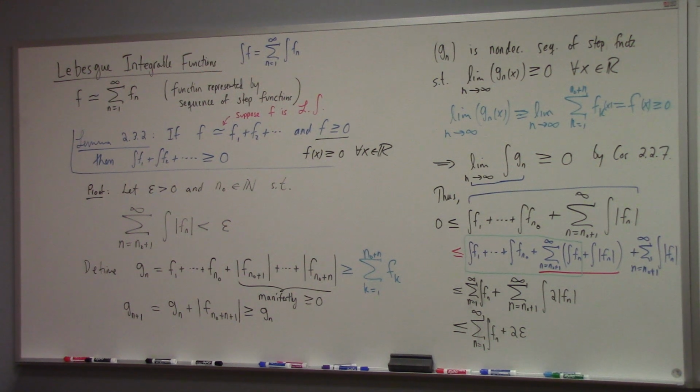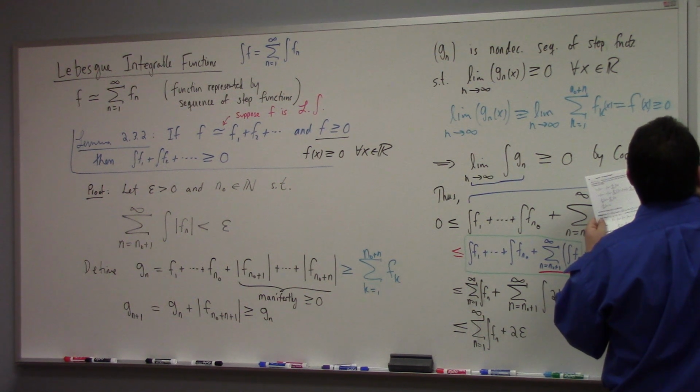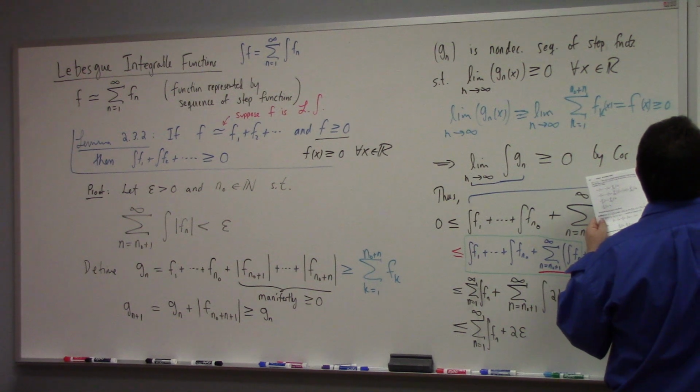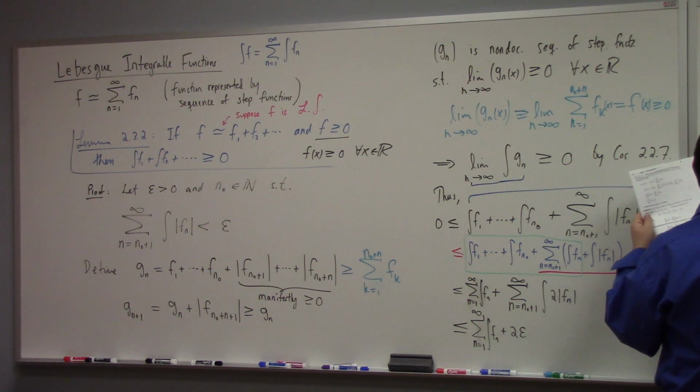Then the sum n equals 1 to infinity of the integral of Fn is equal to the sum n equals 1 to infinity of the integrals of Gn.